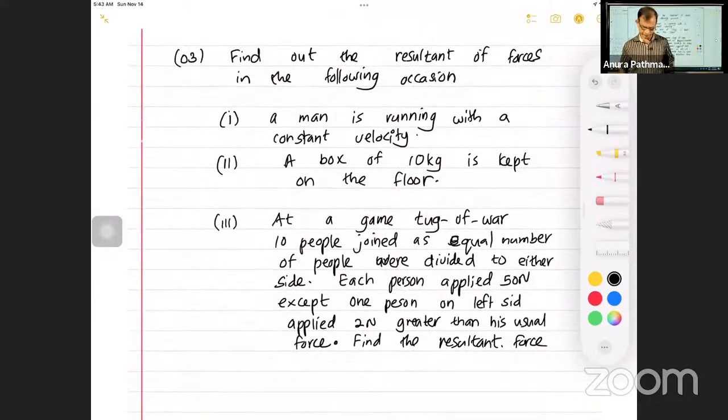ඇති නේද? Enough? Okay, sir. Right. Work it out.